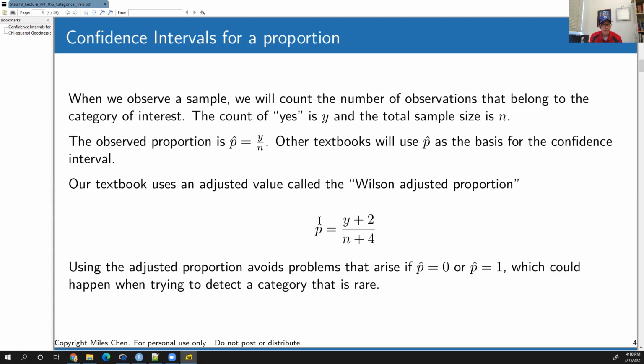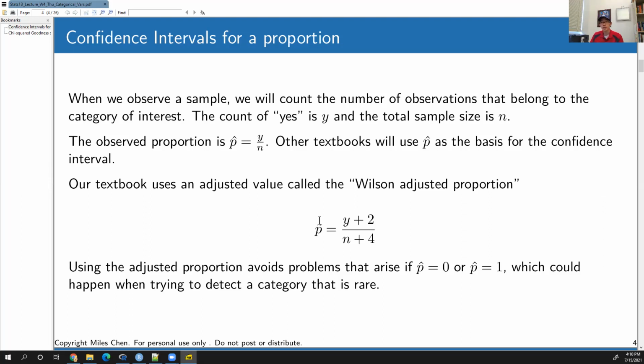In that case, your p hat would be 1. And again, if you get a proportion of 1 or 0, it causes issues. So if you have 500 out of 500, your adjusted proportion will become 502 divided by 504. And so it becomes just a little bit less than a proportion of 1, something like 99 point something percent.